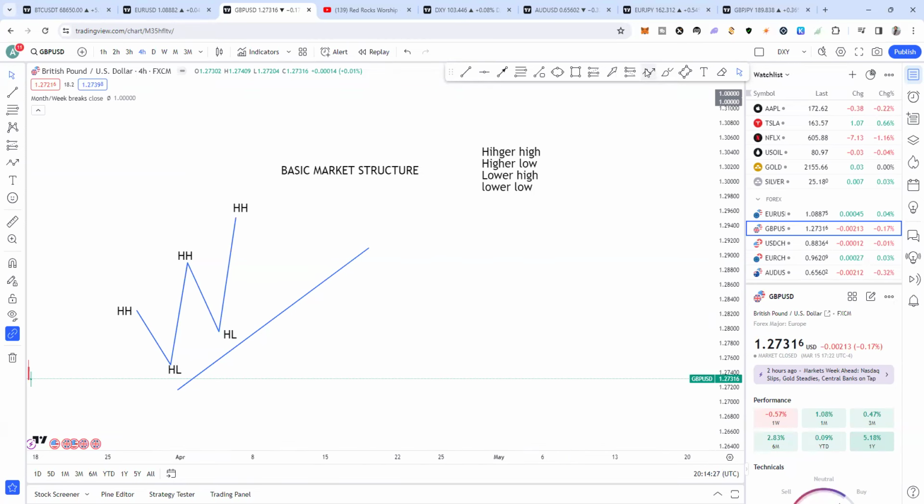Okay. So for the bearish scenario, we have what looks like this. And then this spot is known as our lower high, LH.